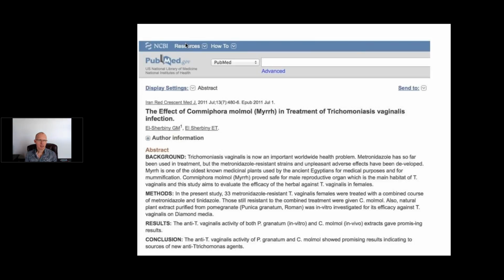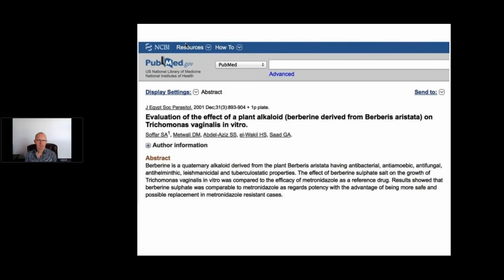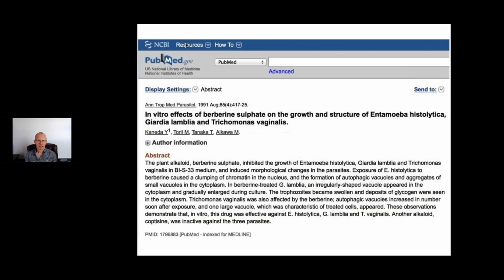So here's just a study showing that myrrh has some anti-parasitic effects against trichomonas infections, a type of vaginal infection. Here's another study talking about how berberine has activity against it. Again, berberine has some benefit against trichomonas and giardia, two types of protozoa.